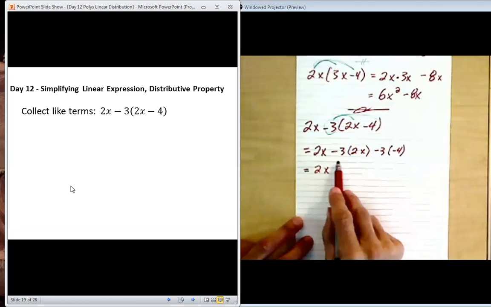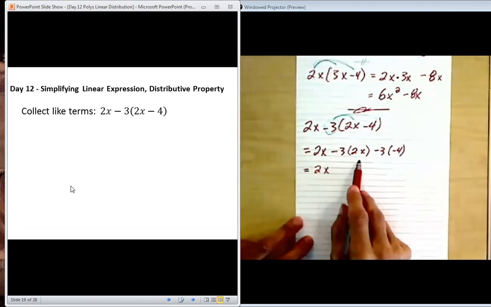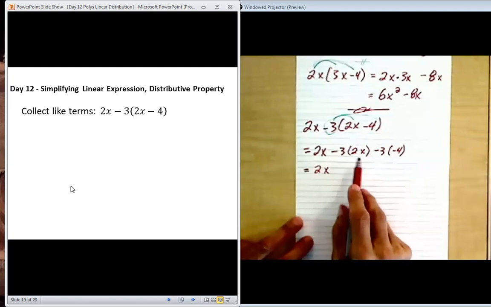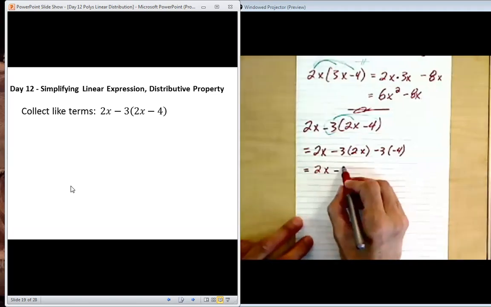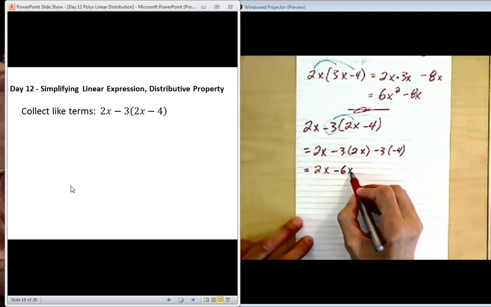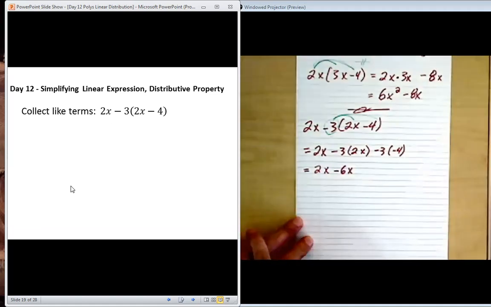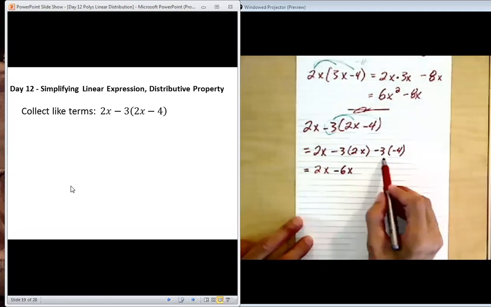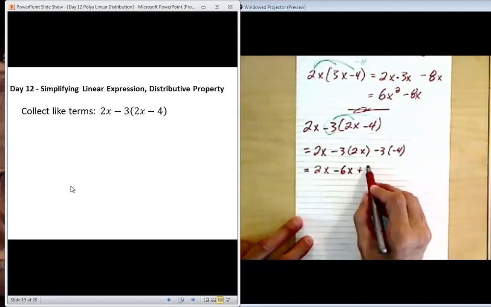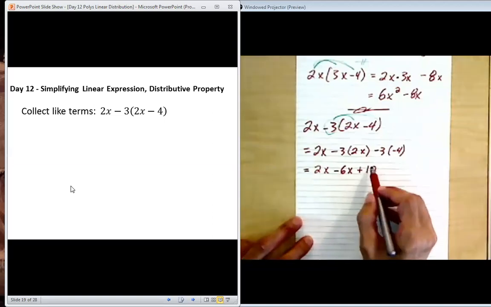This next term, what do we got? Minus 6, along with the x. Over here, what do we got? Plus 12. Plus 12 for sure, from everywhere.